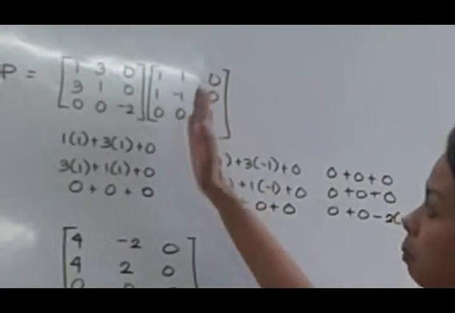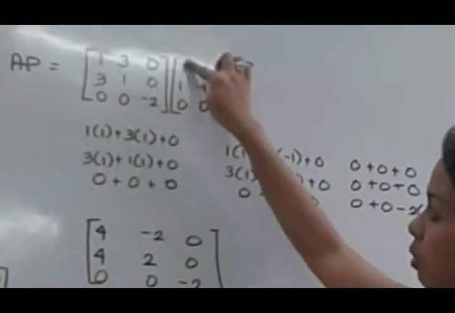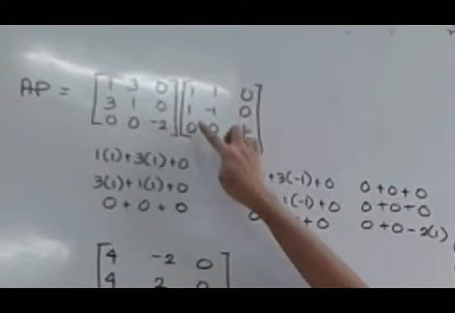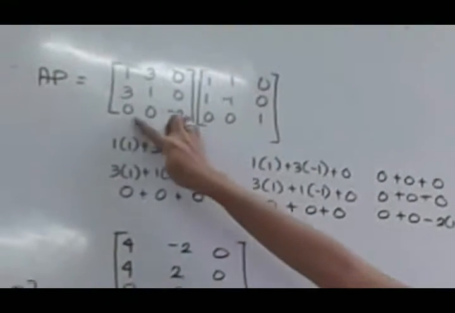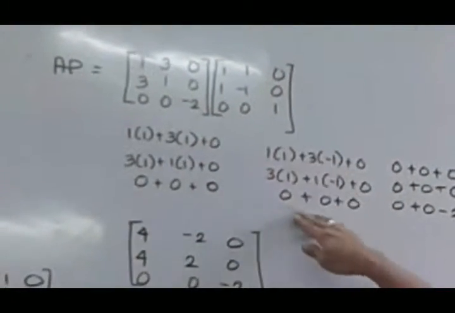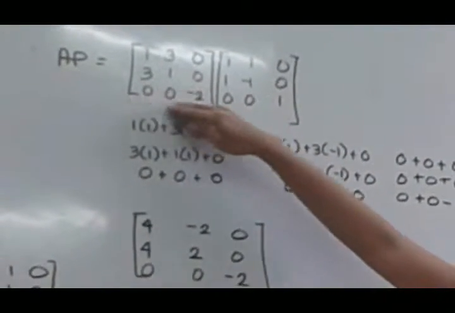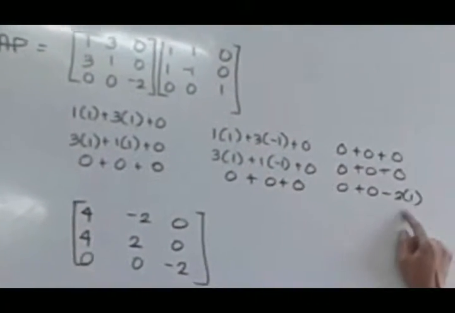Next, for the third row, multiply again by the column matrix. So I have 0 by 1, 0, 0, negative 2, and 0, which is still 0. Next, third row, second column, all 0 still. And then for the third row, third column, I will get negative 2.